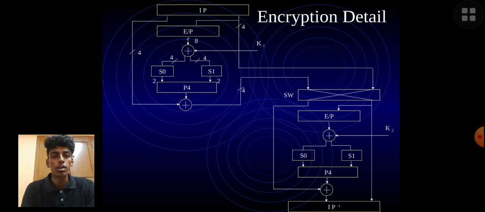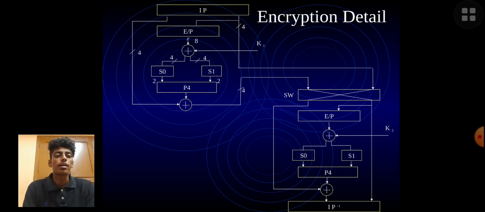Sorry, I forgot to tell you that in the first step we find the 8-bit EP, and we add it with key 1. In the second step we add it with K2.